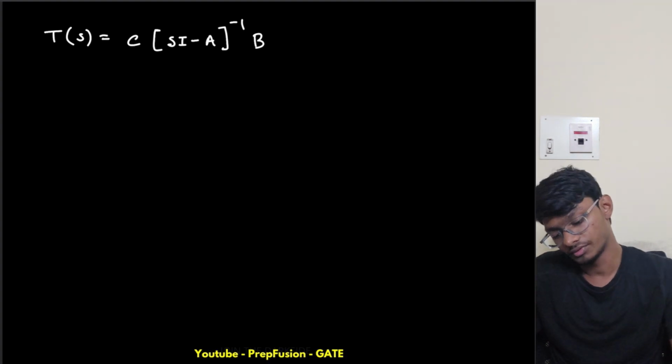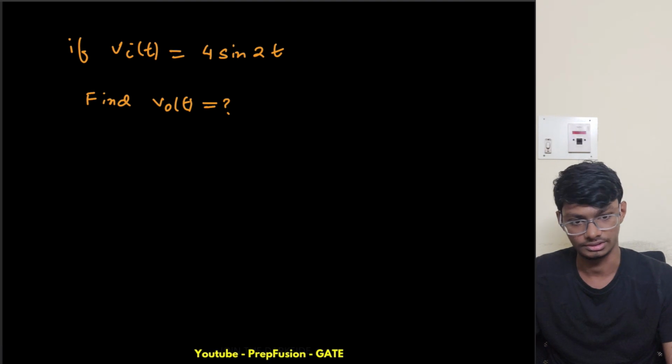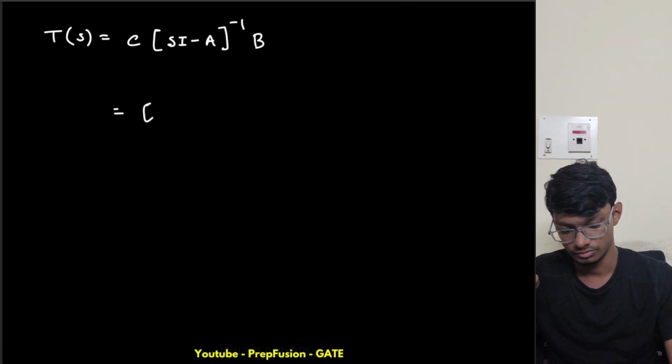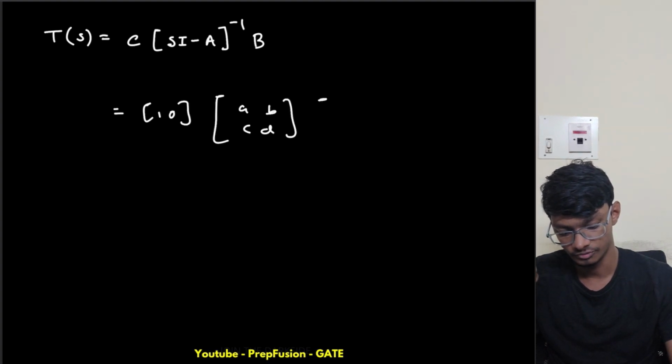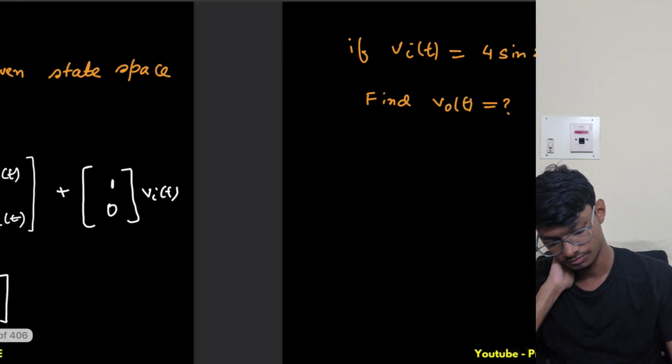So what is my SI minus A inverse? SI minus A inverse is only that previous matrix, right? But this time I won't solve it. Again, C is 1 0, and B is 1 0 again.